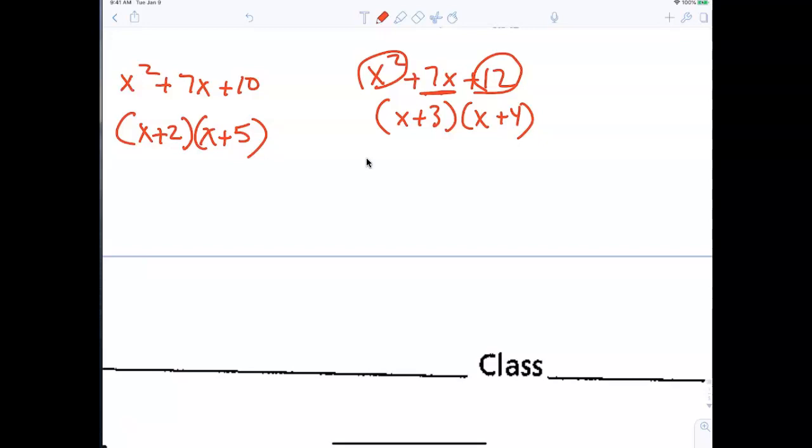But it also multiplies together to make 12. So there's two things going on. This is why it's hard, because you've got to take numbers and multiply them together to get what? 12. And you have to add them together to get what? 7. That's why this is a problem.